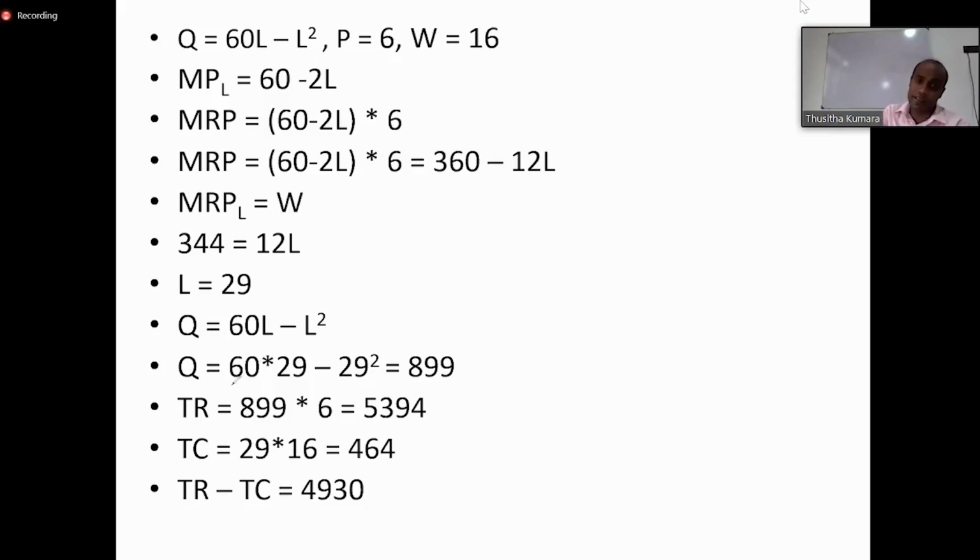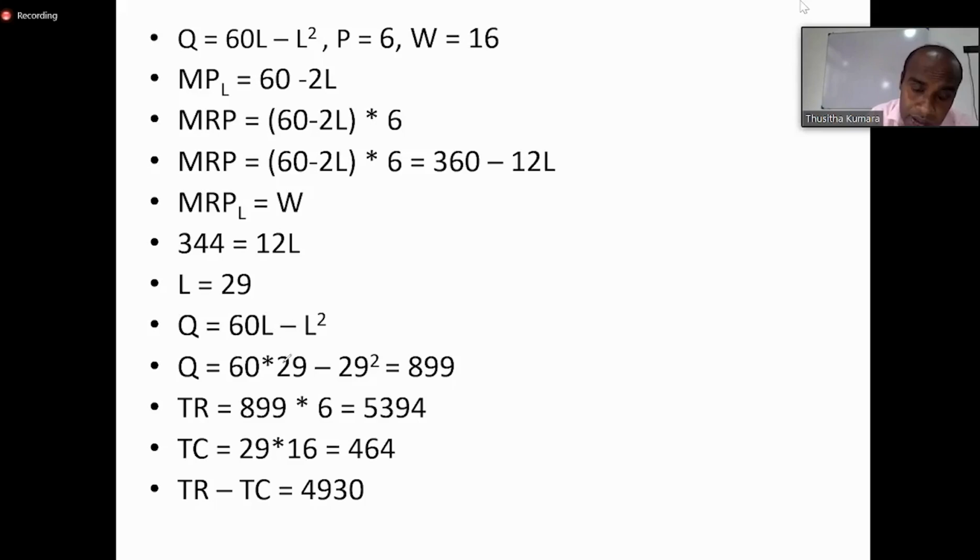That is very simple because we know the production function. Production function equals 60L minus L power 2. Now we know L. What is the number of labor units that we should hire at the profit maximizing output level? So we can find the output level easily by substituting the value of L into this function.